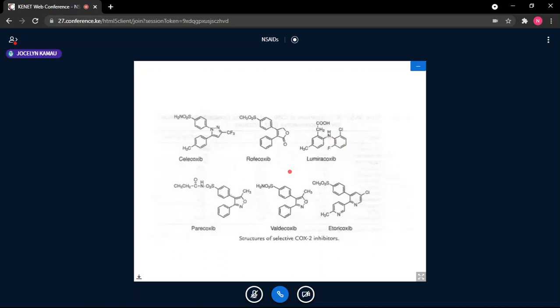And if you look again at your printout, I think those drugs, fortunately, are given the structures of the coxibs. Not celecoxib, the coxib. Celecoxib is one of them, sorry, of the coxibs. And I think we do have them somewhere.